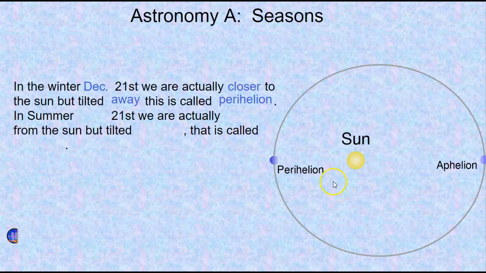So in the summer, weirdly enough, June 21st, we are actually farthest from the sun, but we're tilted towards it. And this is called aphelion. So the way I can remember this, and it's really, really weird, if you have an itch and you want that itch to go away, you typically scratch your skin.